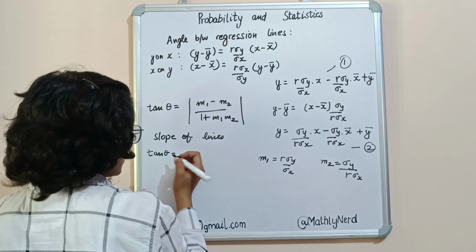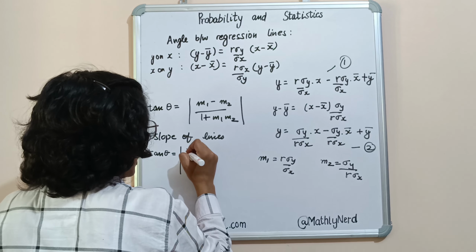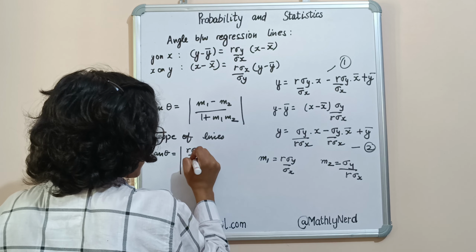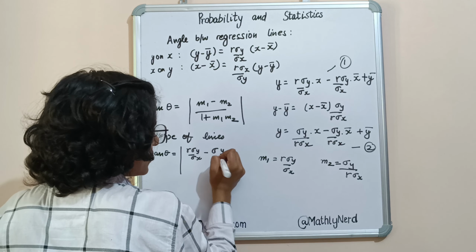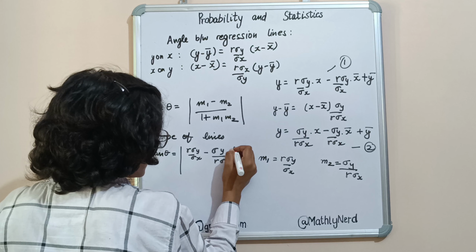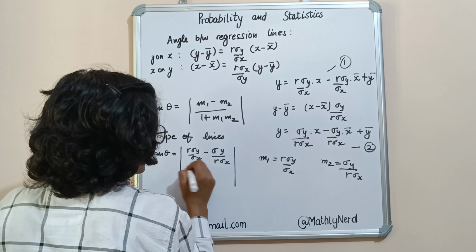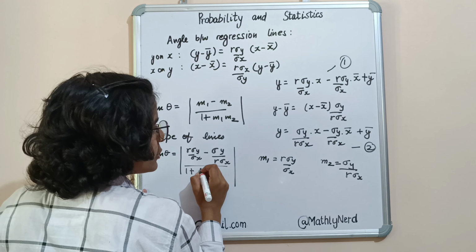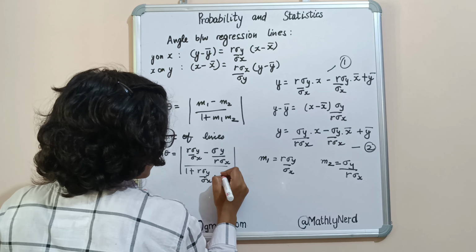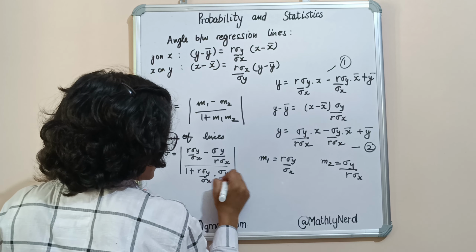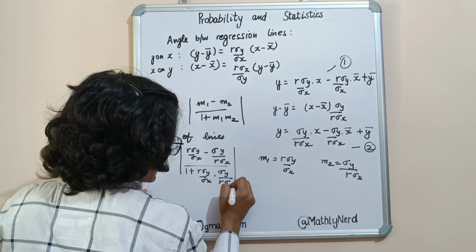tan theta equals r sigma y by sigma x minus sigma y by r sigma x, over 1 plus r sigma y by sigma x dot sigma y by r sigma x.